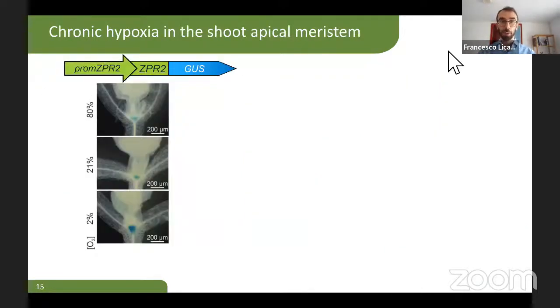Finally, we also verified the occurrence of chronic hypoxia at the level of the shoot apical meristem, focusing on a shoot apical meristem specific protein, the little zipper protein 2, ZPR2, which we verified is under control of an oxygen-dependent branch of the N-degron pathway, so that it can be stabilized by hypoxia and destabilized by hyperoxia.